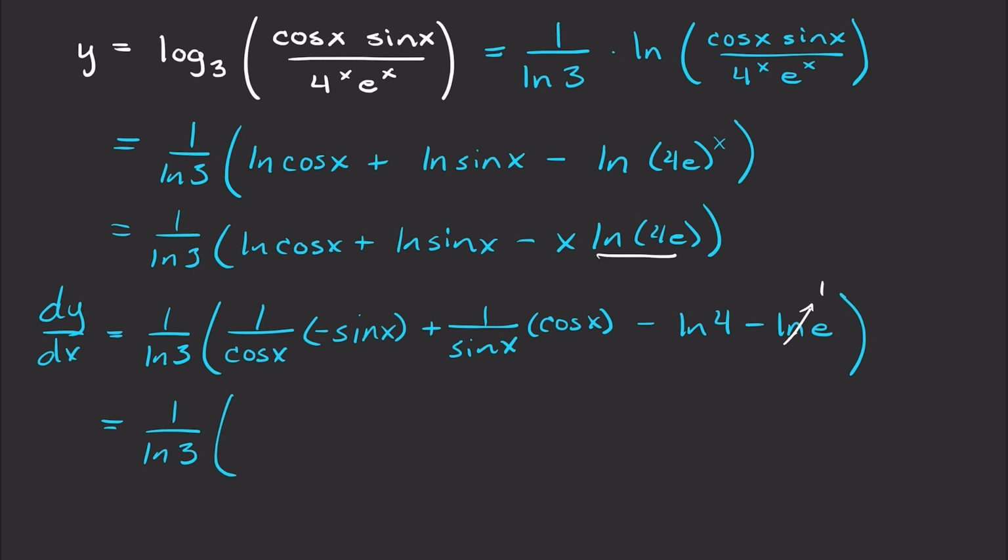I'm going to write this term first since it's positive. So cosine of x over sine x is cotangent x minus this first term, which is sine x over cosine x. So that is tangent x. And then minus my natural log of 4 and minus the natural log of e, which is just 1.